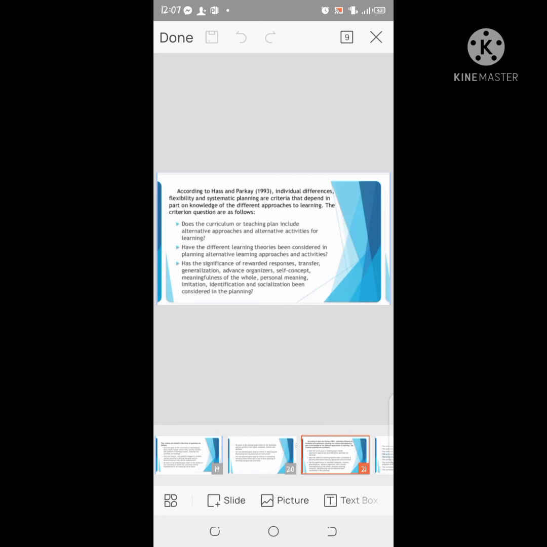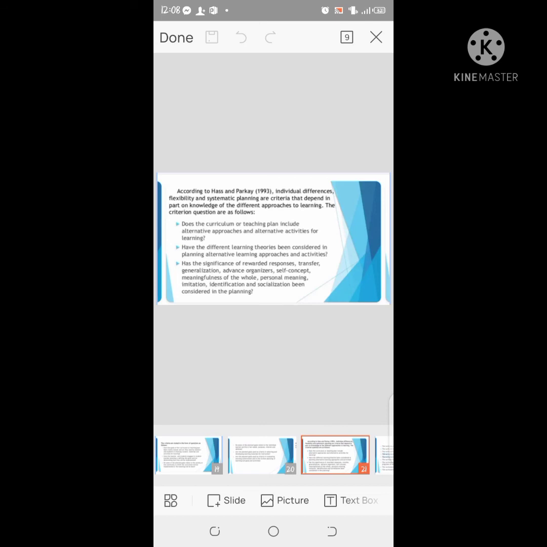So, the first one: does the curriculum or teaching plan include alternative approaches and alternative activities for learning? Then next, have the different learning theories been considered in planning alternative learning approaches and activities? And then so on.